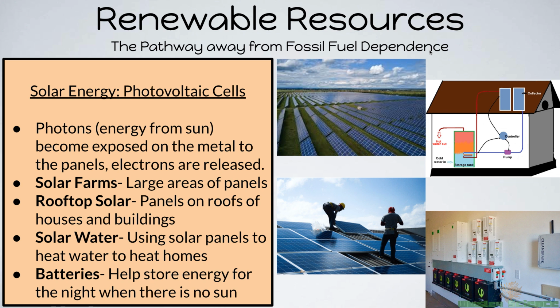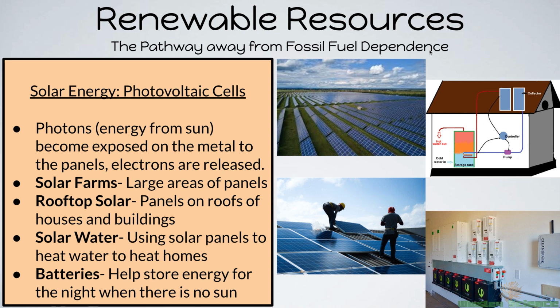Most of the time though, the electricity is going into the power grid. It's being then collected by your power company, which in our case in Connecticut is Eversource, and then they just essentially sell you energy back, and that's how it works.